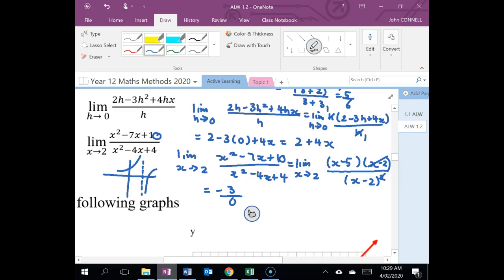Now, depending whether you come from the right or the left, you're actually approaching different things. So you can't say that this limit is infinity, because is it negative infinity or positive infinity? It depends on which way you're going. So the only thing we can say is that this limit is undefined.